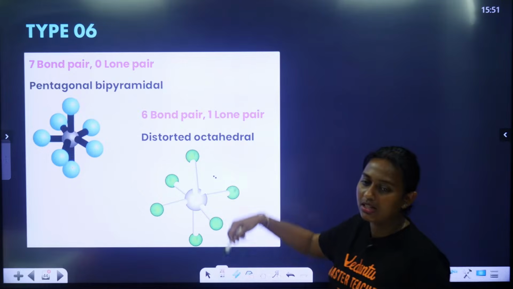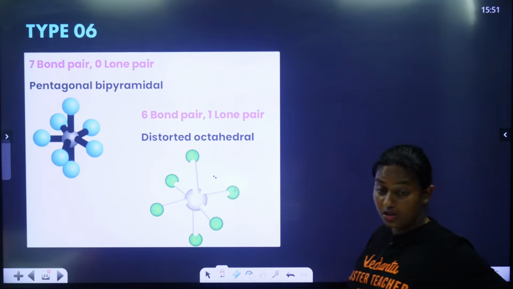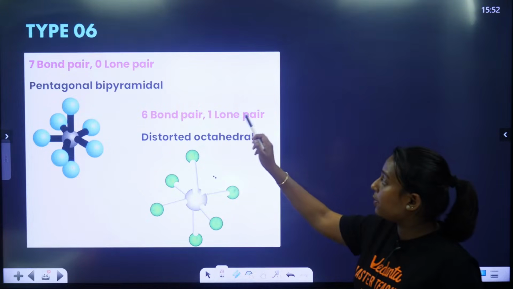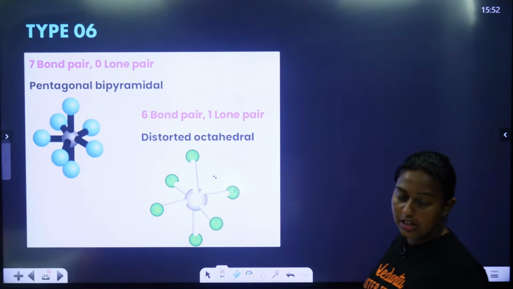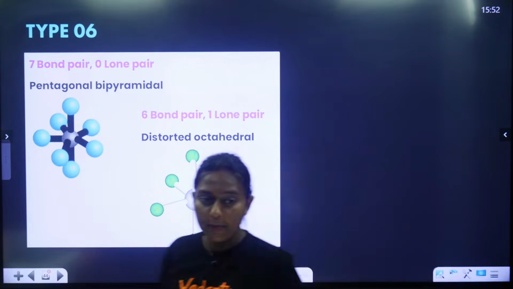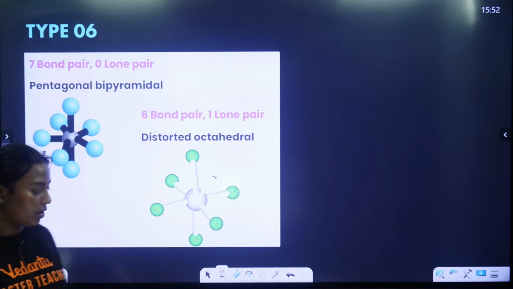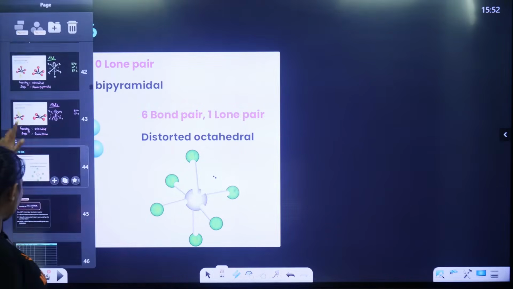So here you can see this is the structure. This structure is important. 7 bond pair and 0 lone pair is pentagonal bipyramidal, and 6 bond pair and 1 lone pair is distorted octahedral. So guys, this is very important. You can expect questions from this.